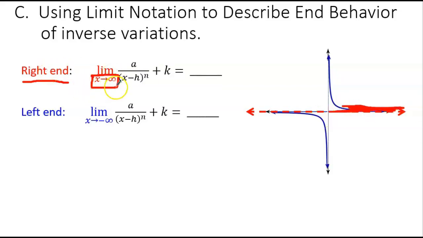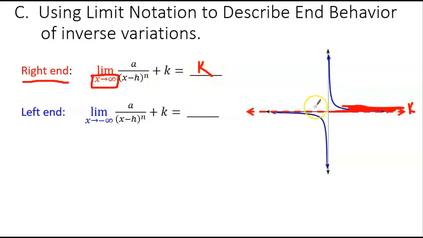As x approaches infinity, the y value, represented by our function here, gets closer and closer to the horizontal asymptote, which in this case we'll say is k. So as x approaches infinity, the function approaches its horizontal asymptote of k. It gets closer and closer to that.